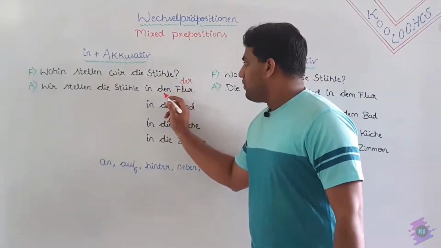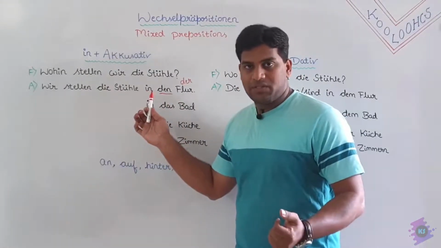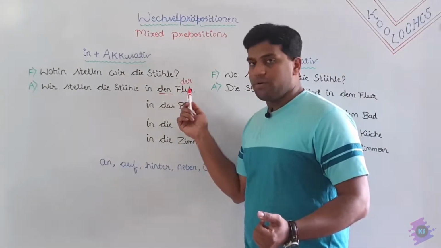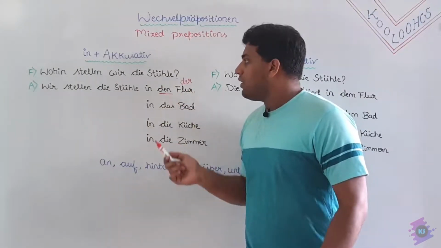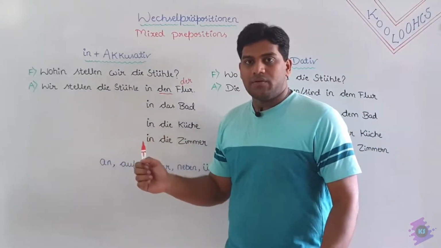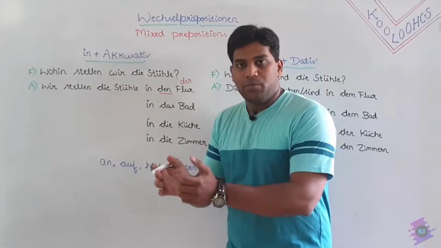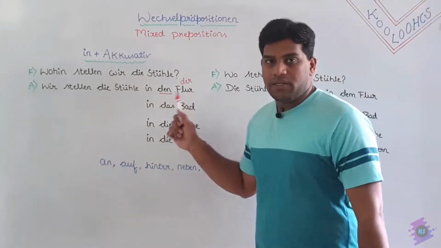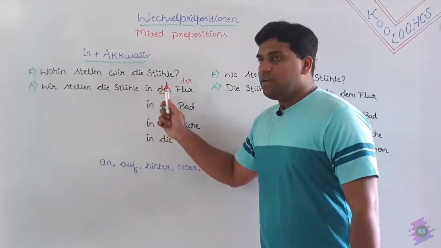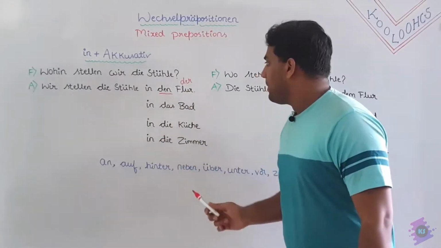That's why we have den here. So this in, which acts as mixed preposition, is demanding an accusative article here. That is den for the word Flur. This is accusative because of the verb stellen. So we place. Placing an object involves a movement. So it demands accusative article here. I repeat: wir stellen die Stühle in den Flur. That means we place the chairs in the hallway.